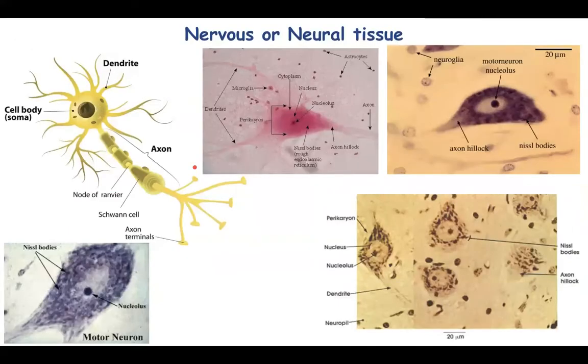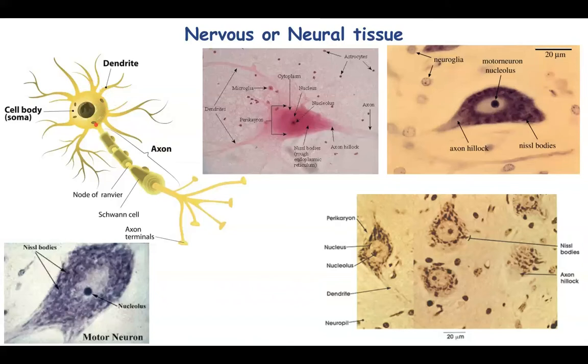The last tissue in animals is the nervous, or the neural, tissue. The individual unit of the nervous tissue is a neuron. The nervous tissue makes up your brain, your spinal cord, and the nerves originating from it. But all activities are carried out at the level of a neuron. The neuron is made up of a cyton and dendrons, or dendrites.